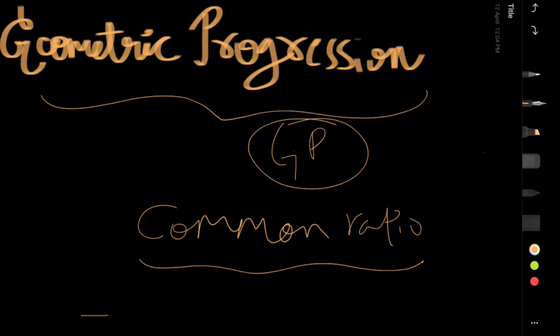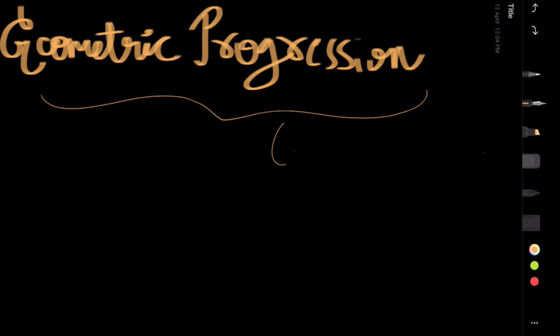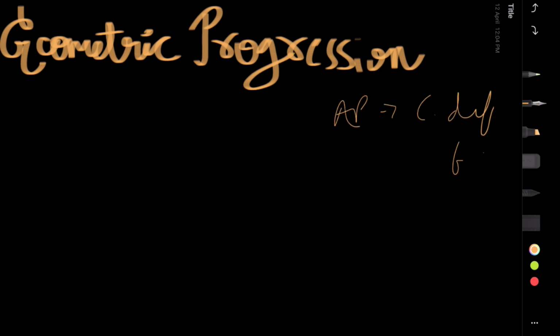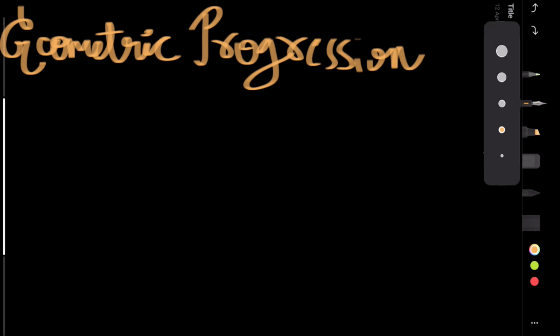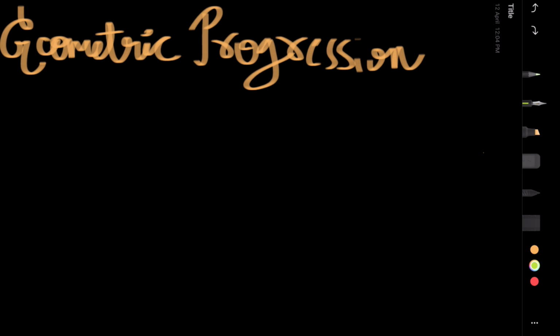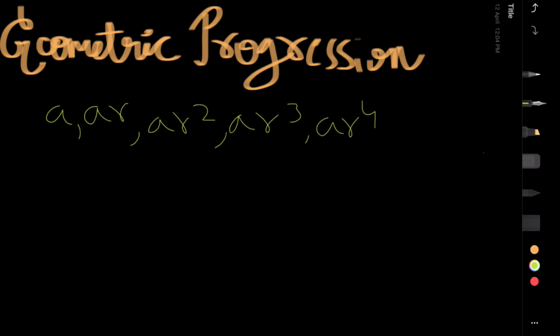Okay, so let us see how it works. Let the GP be A, AR, AR square, AR cube, AR to the power of 4 and so on up to AR to the power of n minus 1.